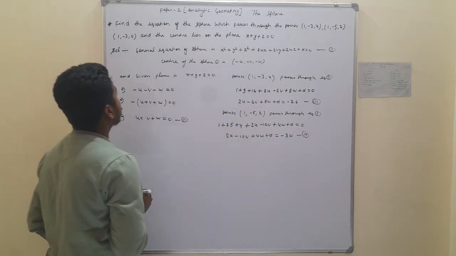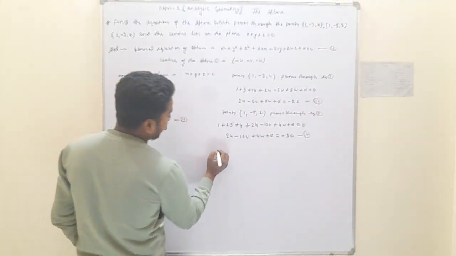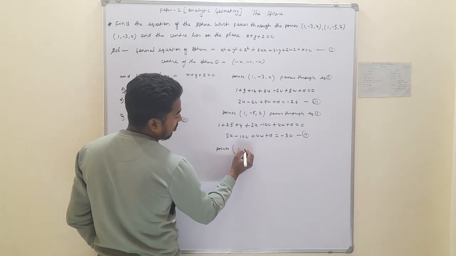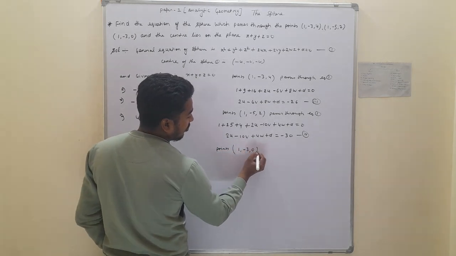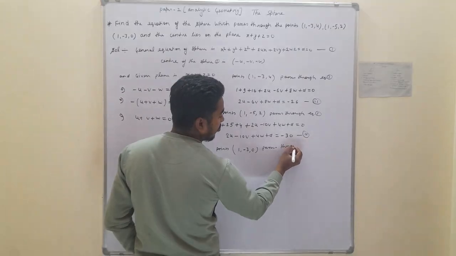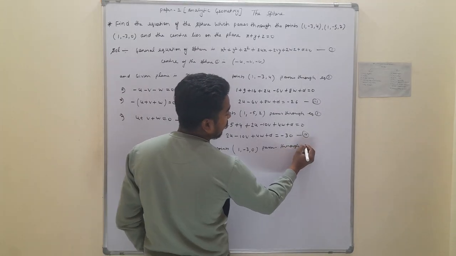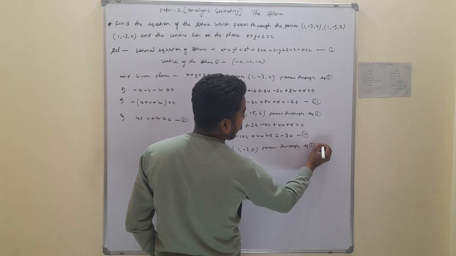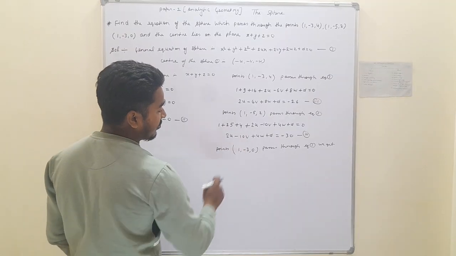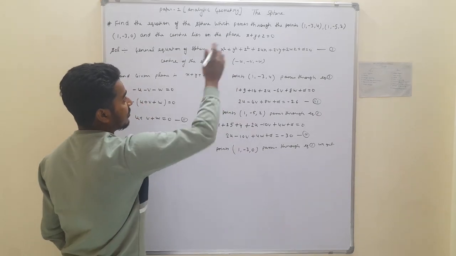And further, the last point (1, -3, 0) passes through equation 1. We put x = 1, y = -3, z = 0.